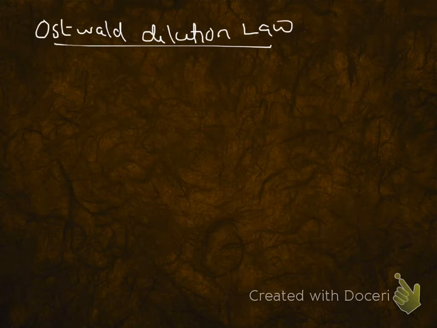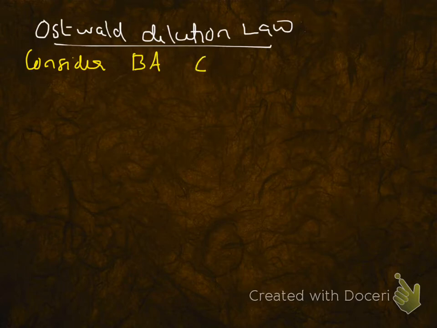To explain the concept, consider the dissociation of an electrolyte BA of concentration C moles per liter, and alpha is the degree of dissociation.